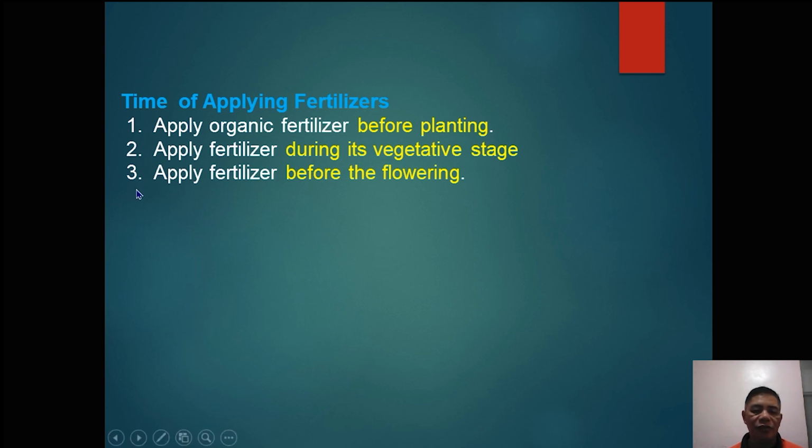But there are some cases when farmers also apply fertilizer during the development of fruits, because the plants also need the nutrients, particularly potassium.